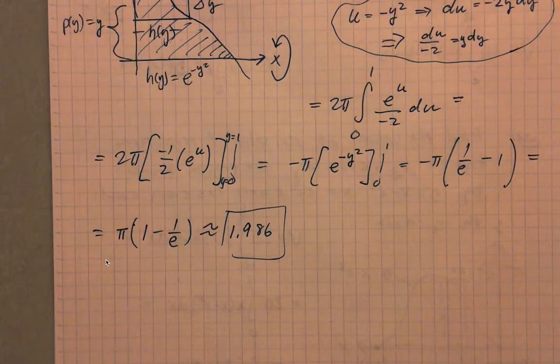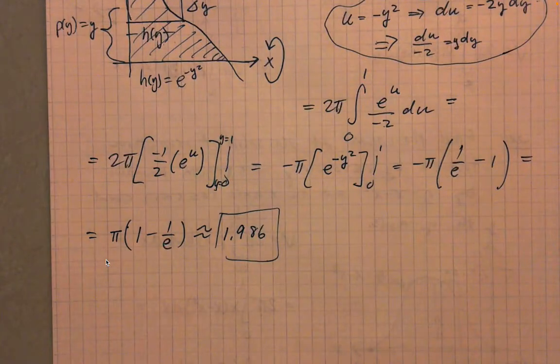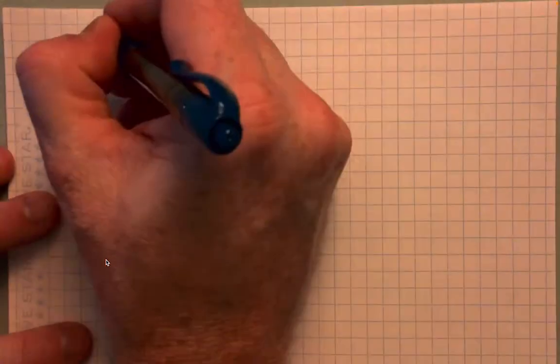All right, so those were two pretty reasonable examples of using the shell method. Let's talk next about comparing the shell method to the disk method. They obviously vary, so let's refresh our memories on exactly how they vary and what that means.